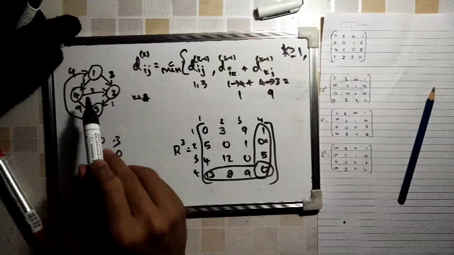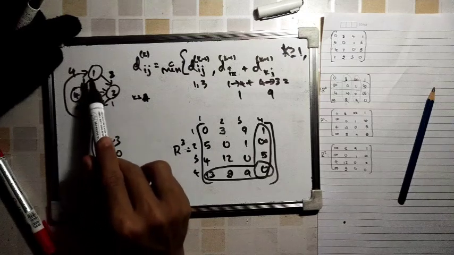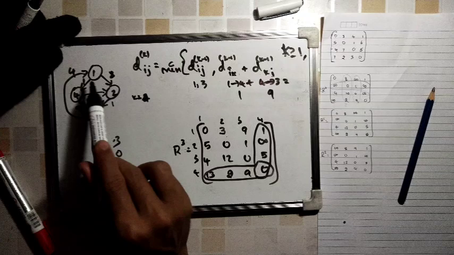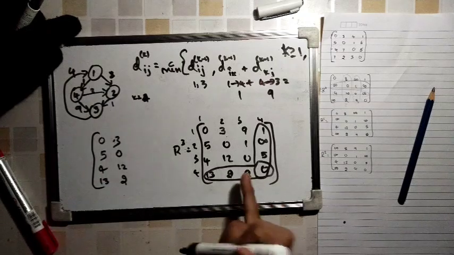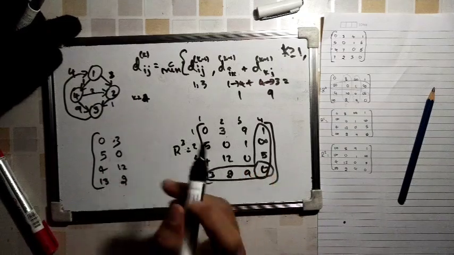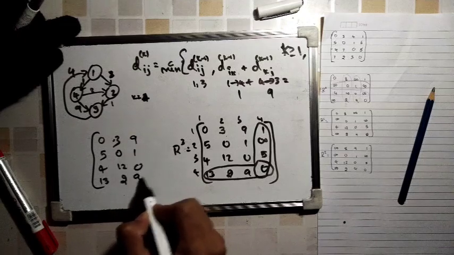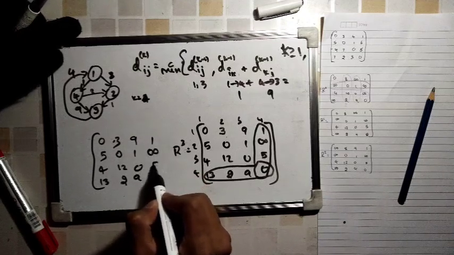and also see here 4 to 1 is 7. So how will I get that after I make it as this as 3? Wait, so first let me just show you one small change here. 1 infinity 5 0.